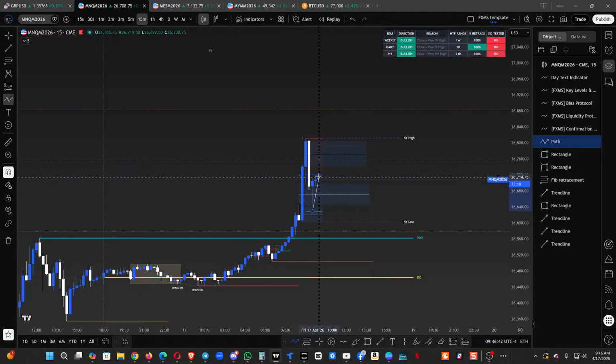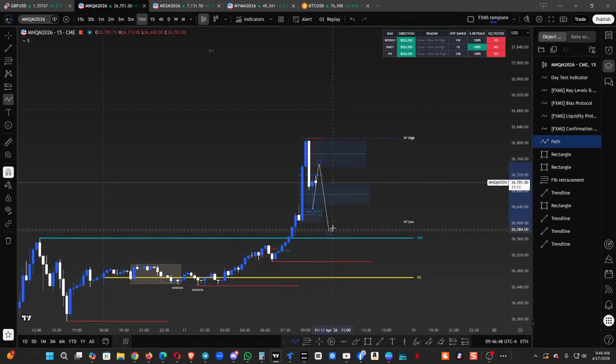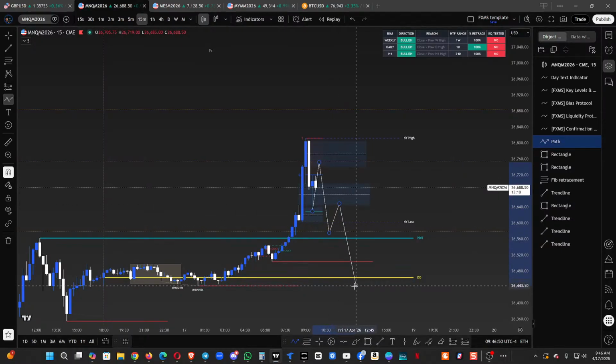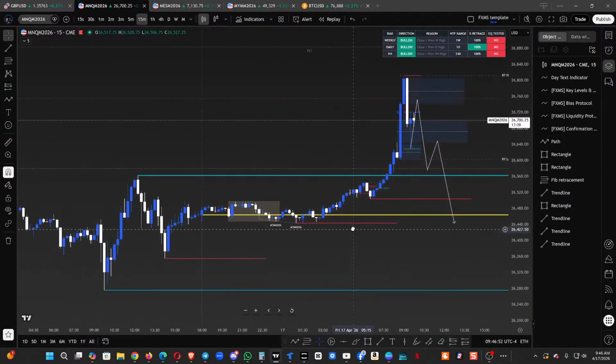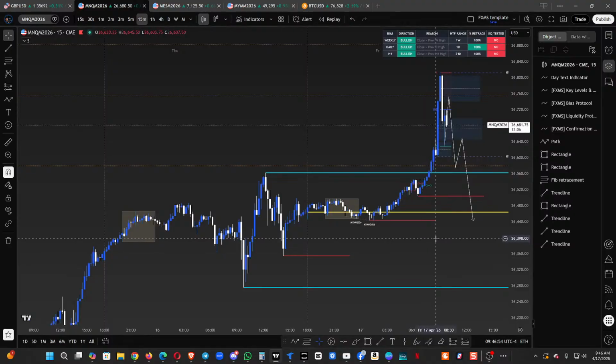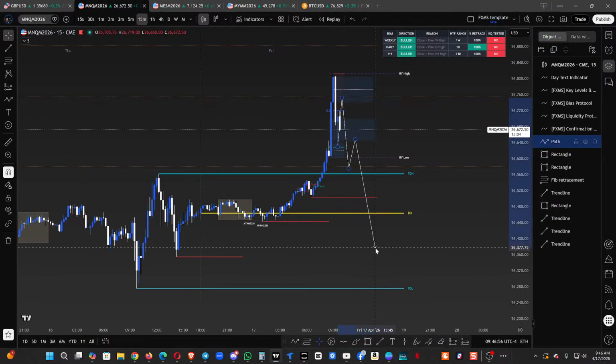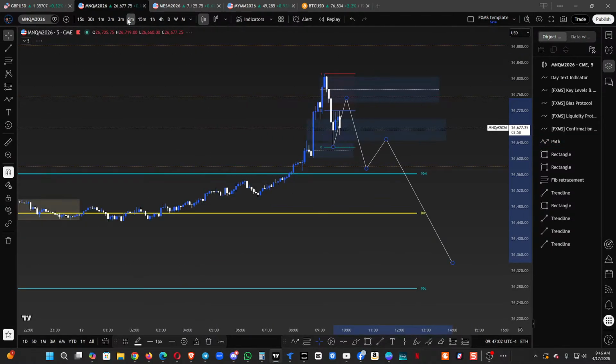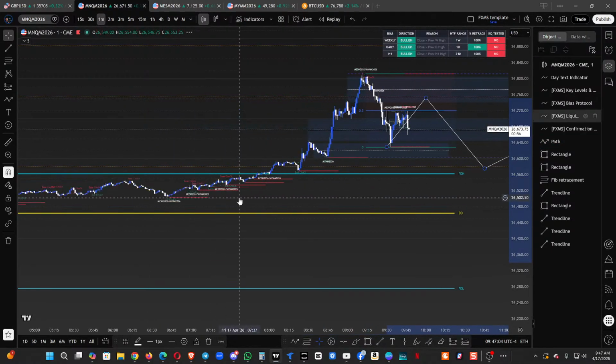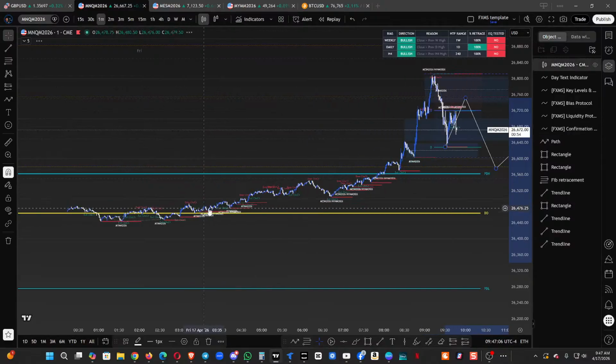Okay, so if this does play out the way I wanted to, we invert this imbalance here and then we close through this low, right? And then we get this continuation down to take out the rest of these swings. So let's see. So much liquidity below us.